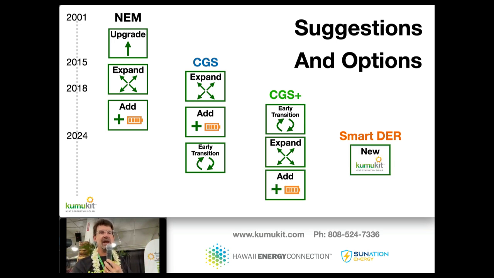Under each of these categories, these are some of the options that we suggest can be done if you're under any one of those categories. All of these options are available for you, and most contractors understand how to do that without jeopardizing your connection with the utility.